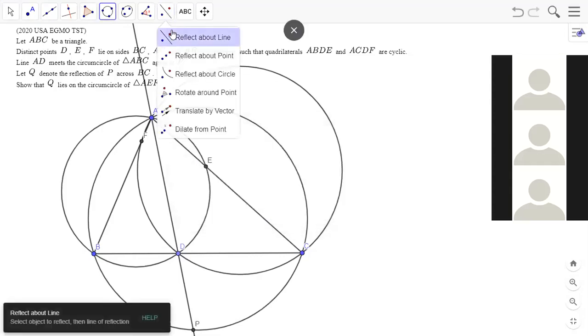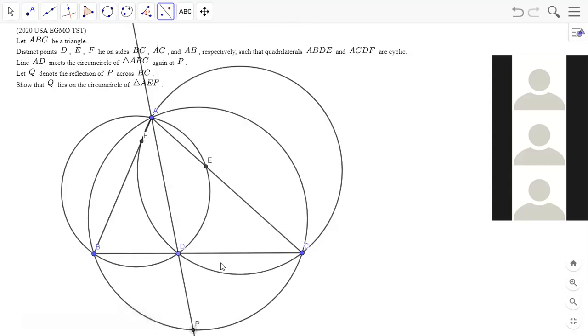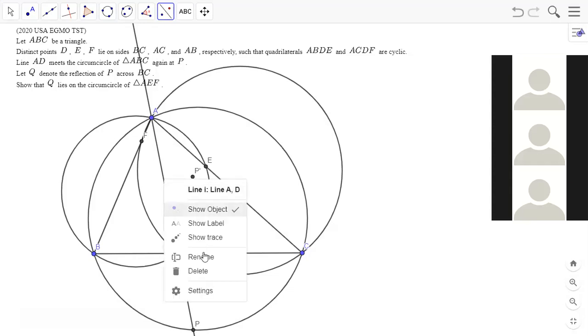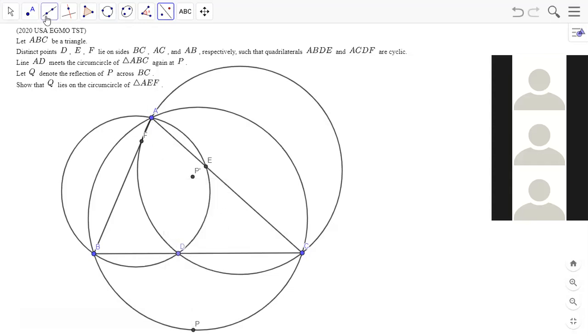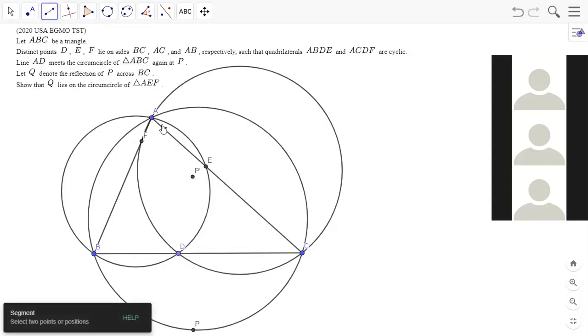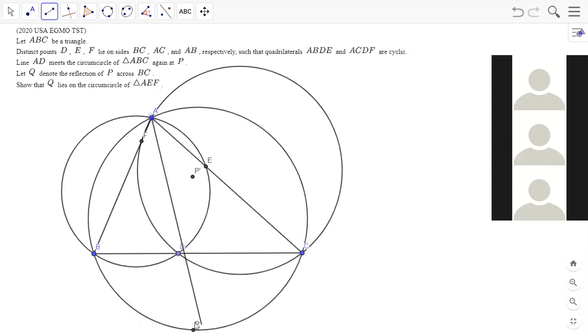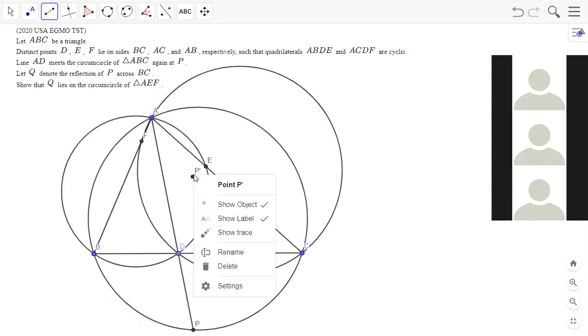Yeah, I'm not 100% sure, but I think we did this problem before on my channel. So we want to show basically that AFQE is cyclic.